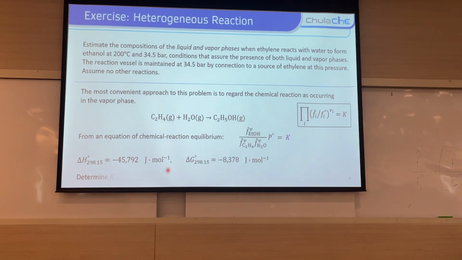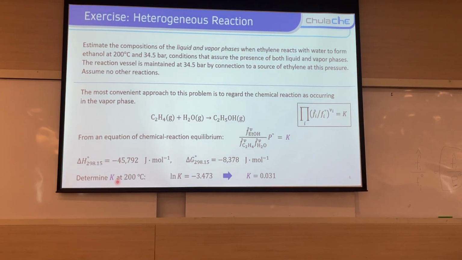So in this case, you can determine the equilibrium constant at 200 degrees Celsius, which is equal to 0.031. Yeah.